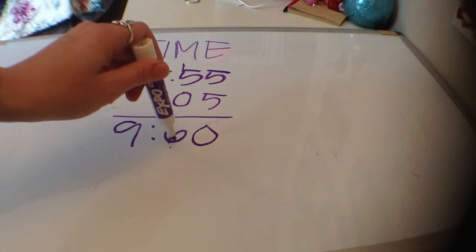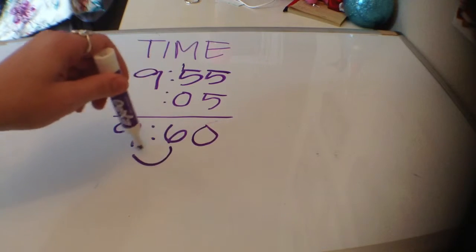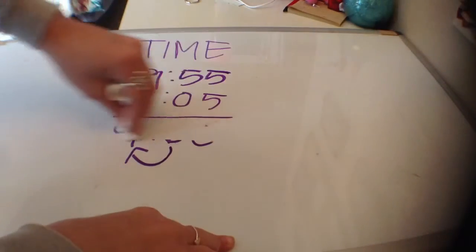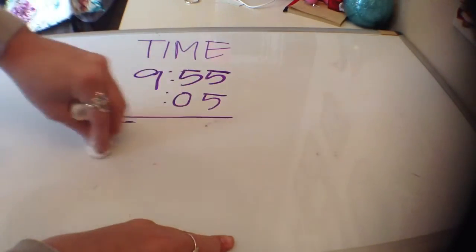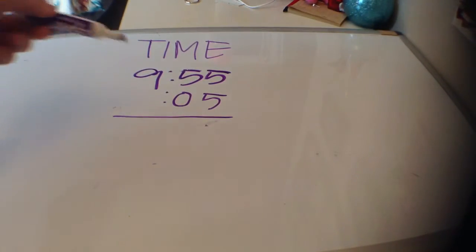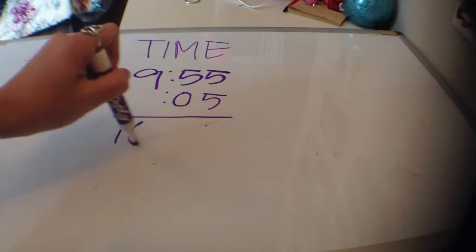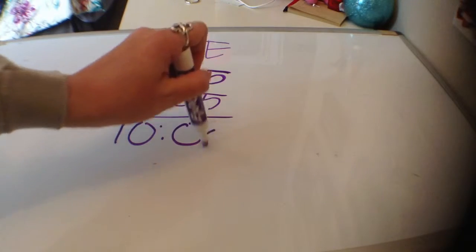So in this minute, to hit 60, that means we have to change the hour. So rather than regrouping at 10, we regroup at 60. So when you add 5 minutes to 9:55, that changes the time to 10.